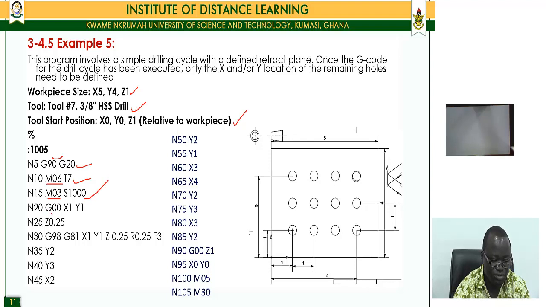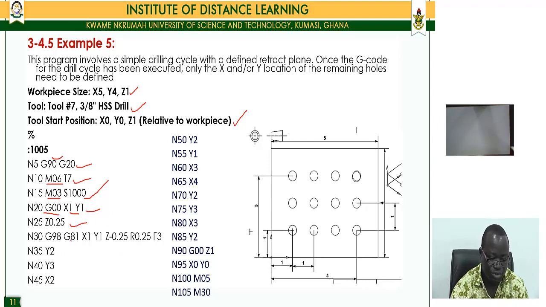We turn the spindle on at a speed of 1000 RPM. Then we give a rapid go command to position the tool at X1 and Y1, and then we give it a Z0.25 just to bring the tool closer to the work surface.